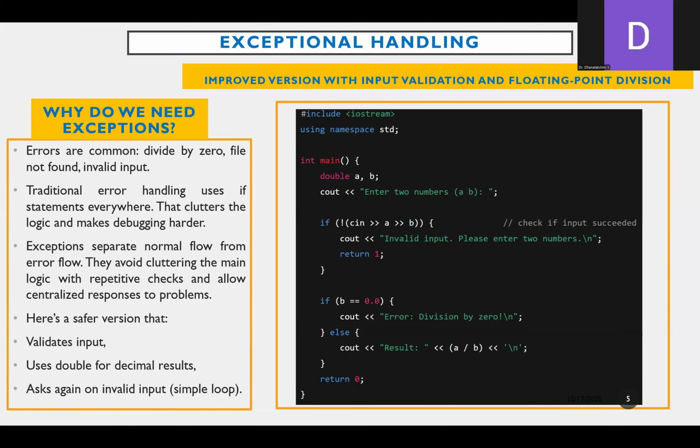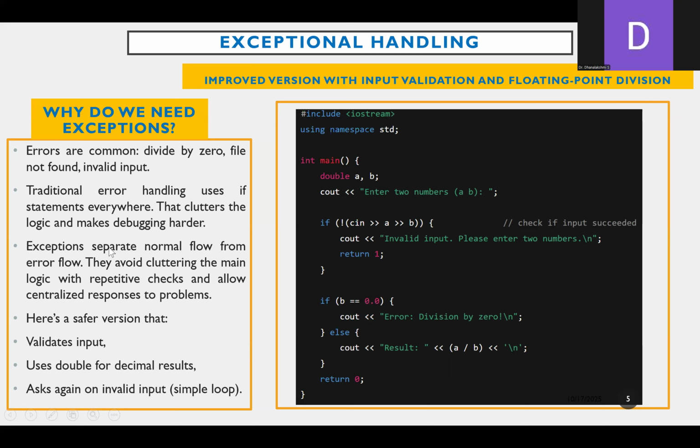Why we use exceptions, now you're very clear, because we need to handle divide by 0, file not found, and invalid input. Traditionally, error handling uses if statements everywhere. But the problem with if statements is that they clutter the logic and make debugging very hard. We are not saying not to use if, but if you use it for these purposes, it clutters the logic and makes debugging harder.